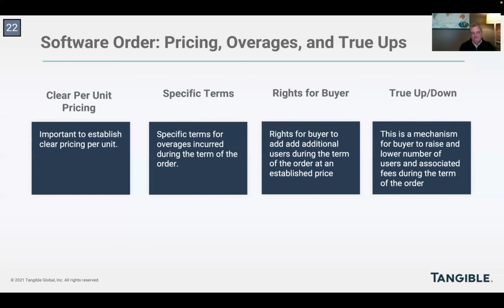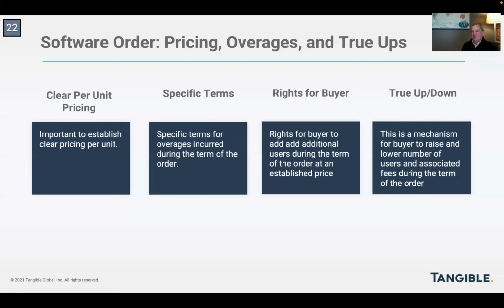The companion point to that is, in Alex's discussion, what happens if there are overages? If the client ends up with greater usage than they anticipated on the front end, how is the client going to pay for that usage? There are any number of different ways to price for excess usage, including what they call volume bands.